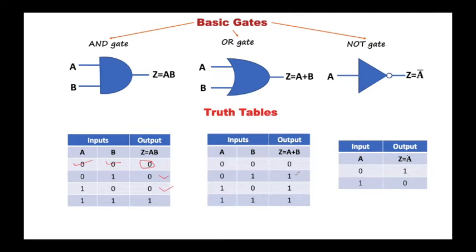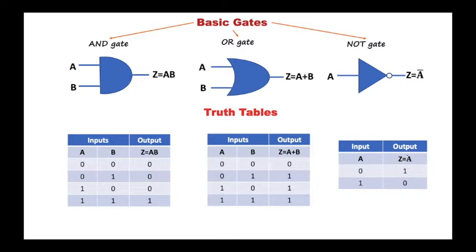And in OR logic, if any one of the inputs is in the one state, then the output will be in the one state. And you can see in the truth table that for the NOT operation, 0 is inverted to 1 and 1 is inverted to 0.